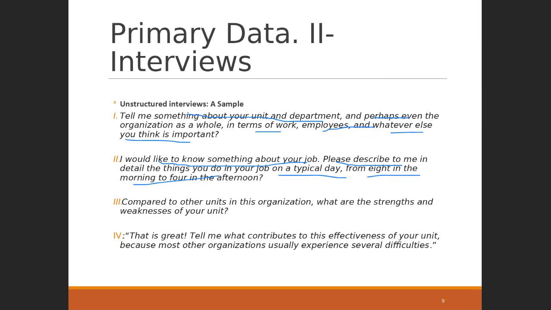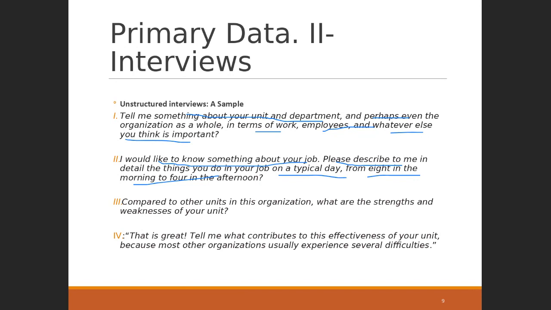So for instance, if your respondent is still very hesitant to give you detailed answers and tells you that everything is fine in this organization and everything is very good in my unit, you can ask a question which elicits more categorical, more absolute responses.